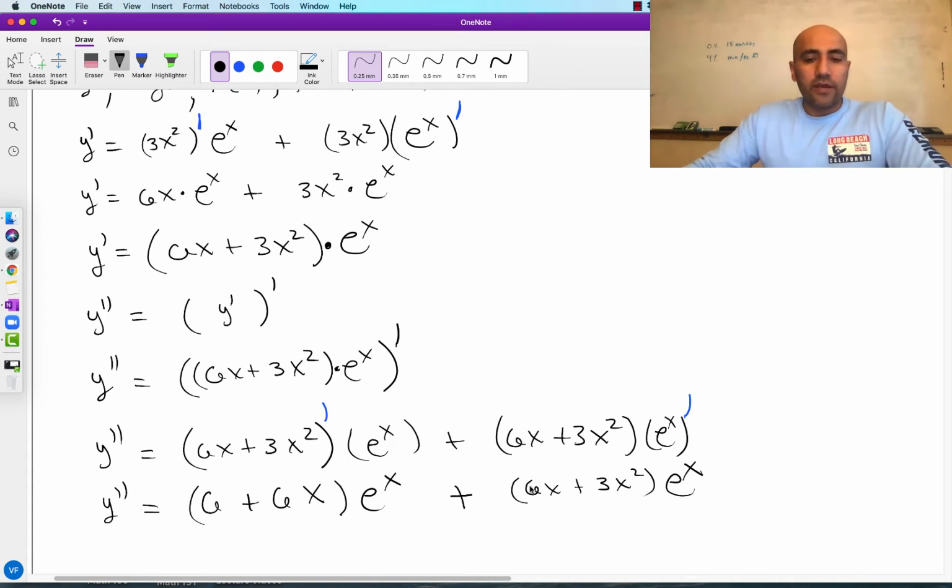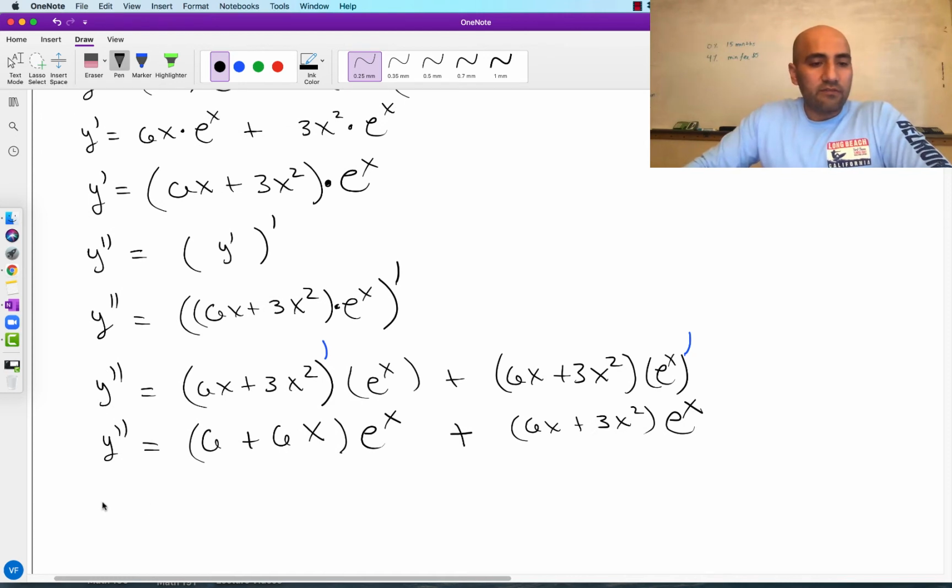Good. Okay, so once again, we can simplify this before we jump into our third derivative because we can easily factor out an e to the x, but we can also factor out a 3. Everything shares a 3. So let's factor out a 3. 3e to the x gets factored out of everything.